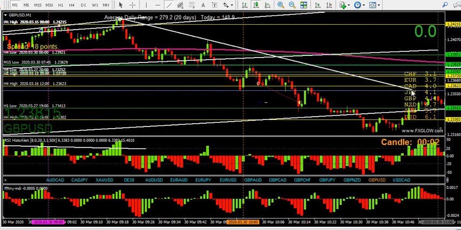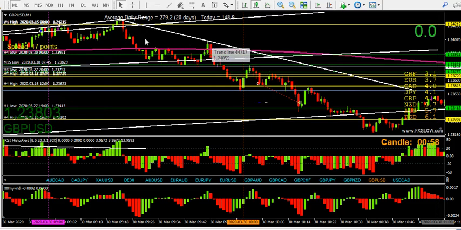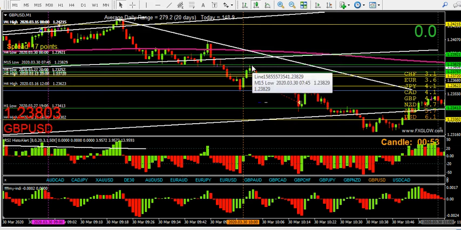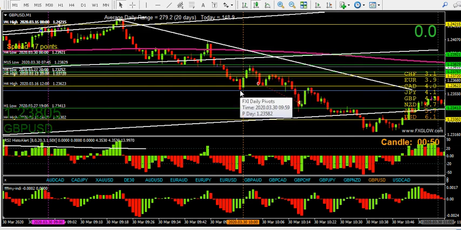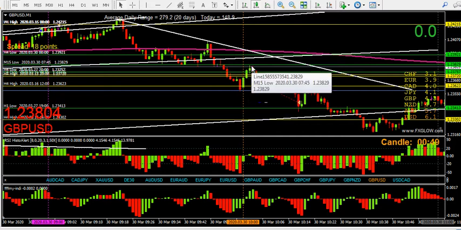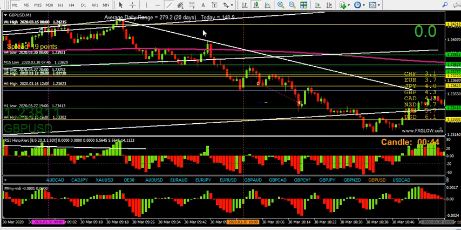I can only draw it from that level and that level, because I couldn't attach that level there until this low had been broken, and that was after the event anyway. I could have started to, and if you tighten up that trend line, look what happens exactly. Join that to that, and then you can see it respects that new trend line there.